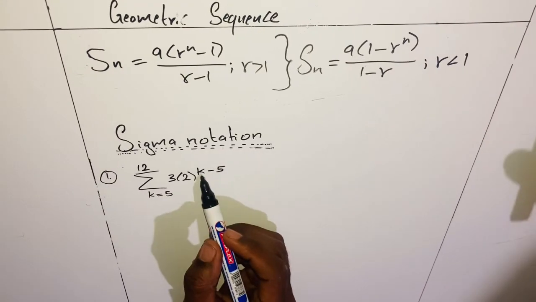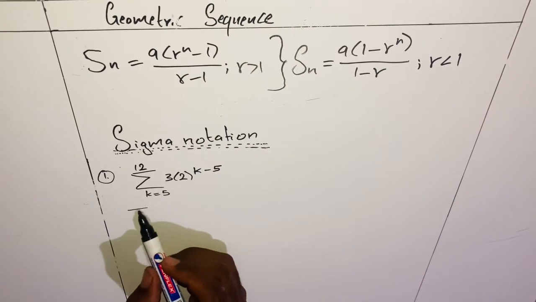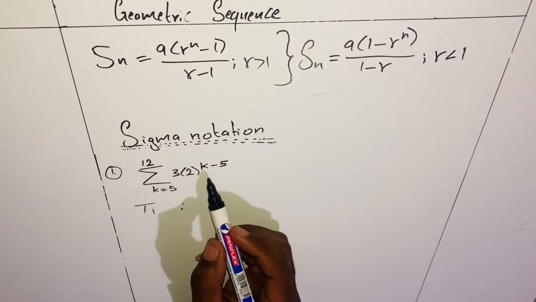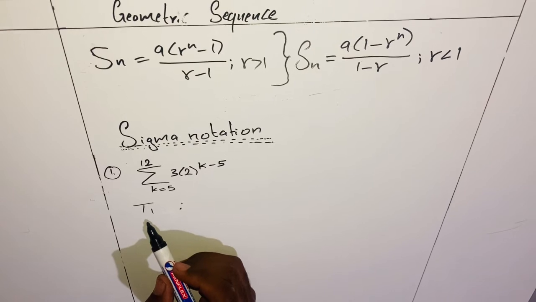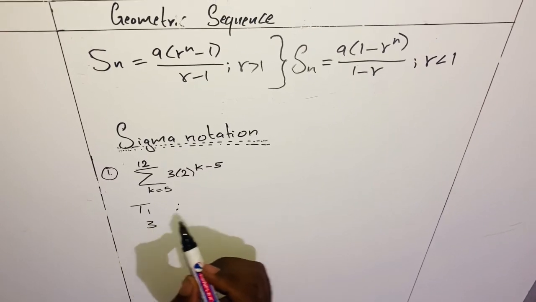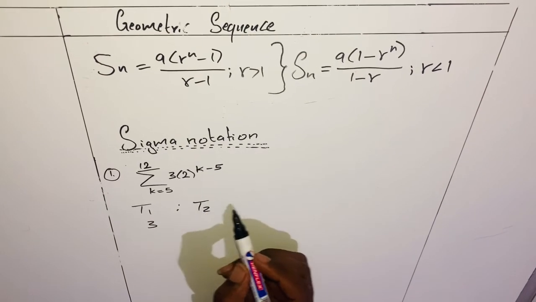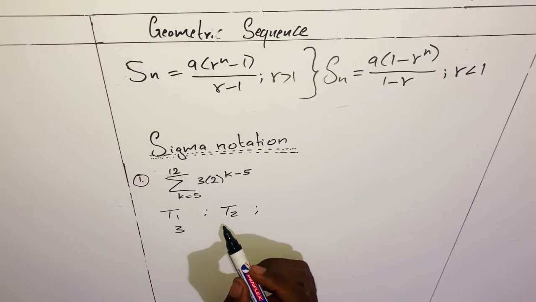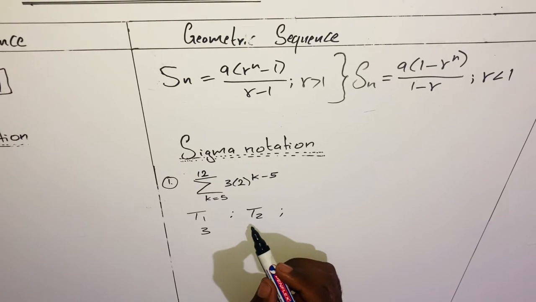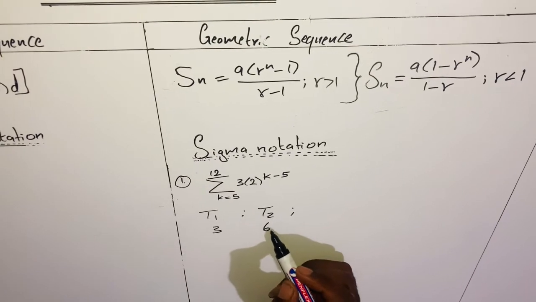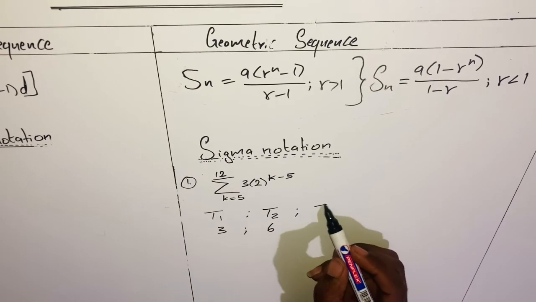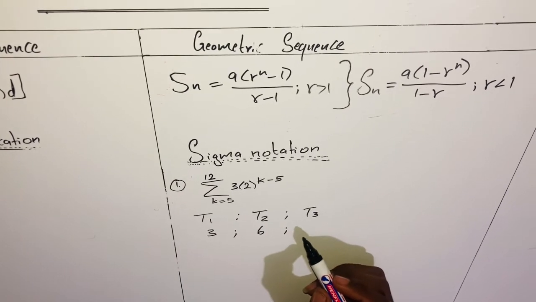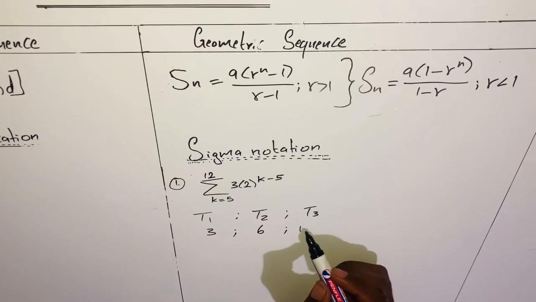K is 5 to get term number 1, and if you substitute k is 5, we get a 3. If we substitute k as 6, we get a 6. If we substitute k as 7, we get a 12.